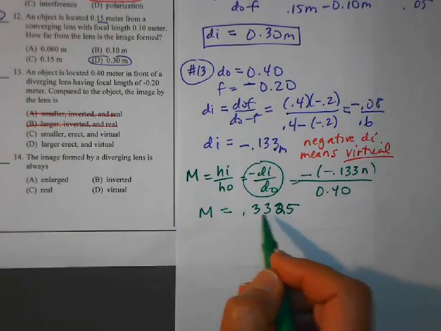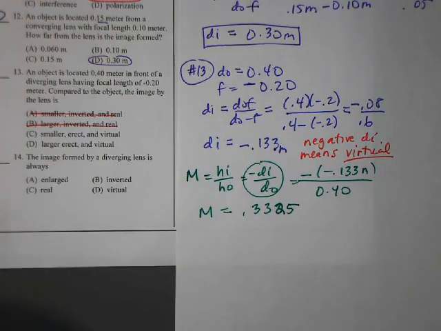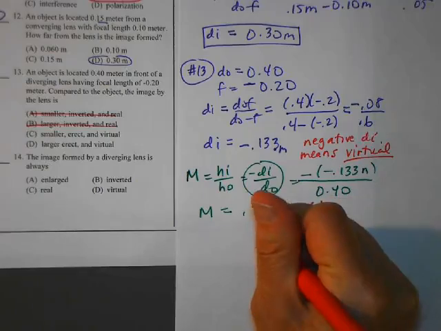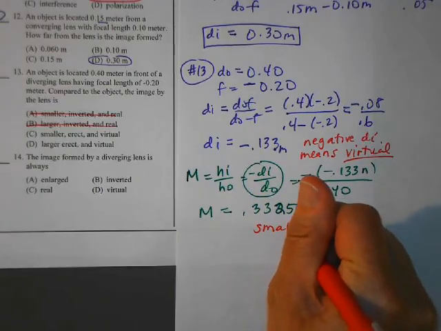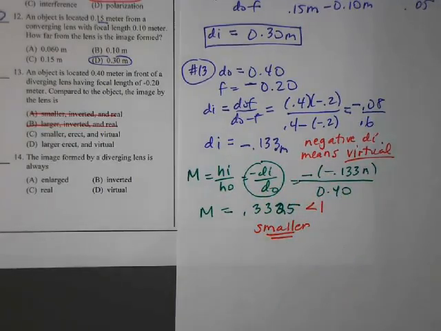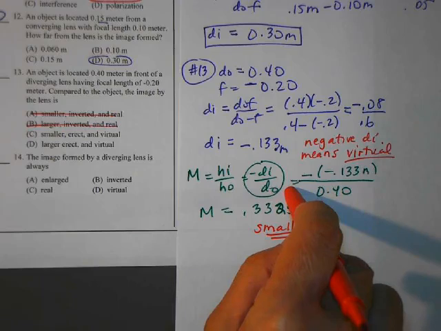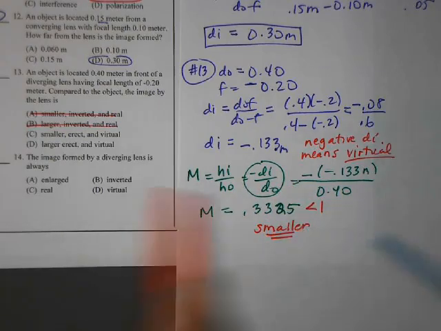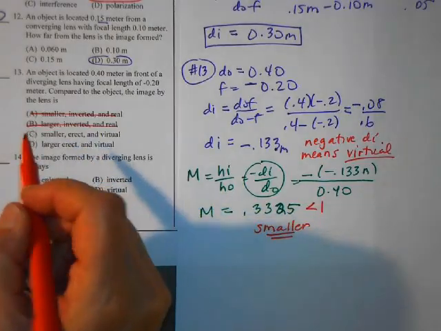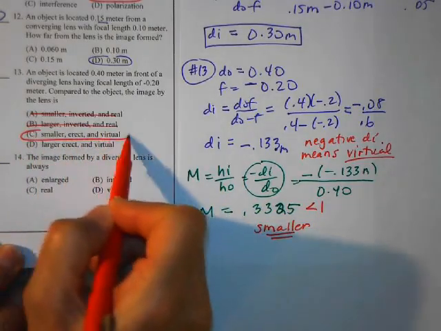So because this is less than 1, this means this is smaller than the original object, because magnification is a ratio of the image distance to the object distance. So because it's less than 1, then I know it's smaller. So here I knew the answer is C.